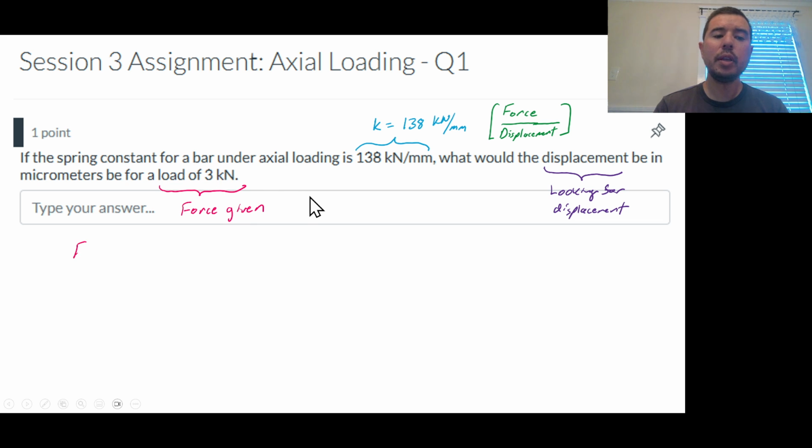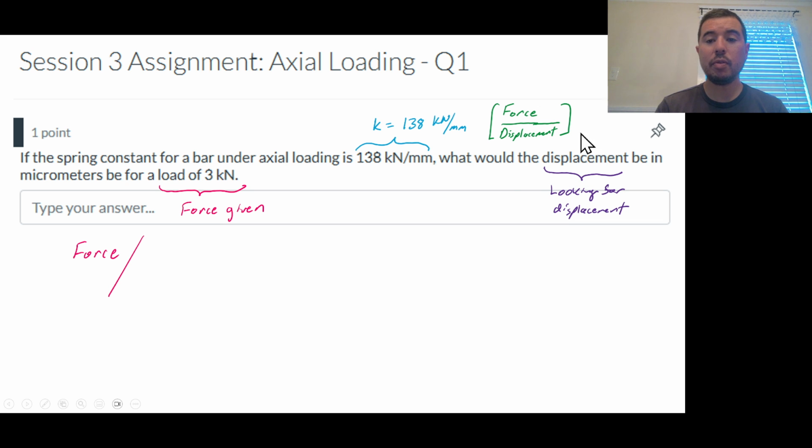So without even doing any physics-based calculations, we can get an idea of how the units might guide the answer to this problem. So we have a force given, and we're being asked for displacement, so we don't have that, but that's what we want.